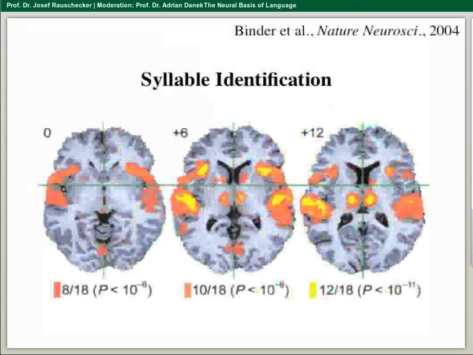This is a horizontal slice through a human brain at different levels, and primary auditory cortex would be roughly here, and this is all in front of primary auditory cortex, so it agrees with the ideas that we developed on the basis of our monkey studies.